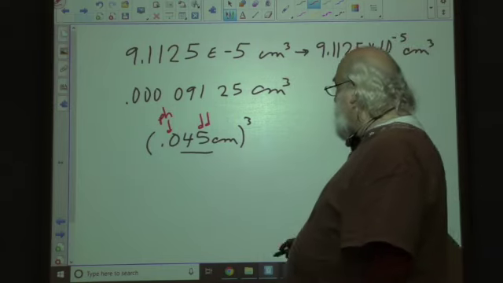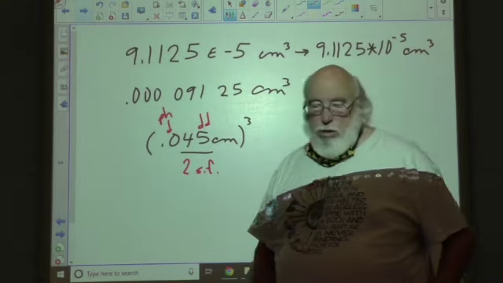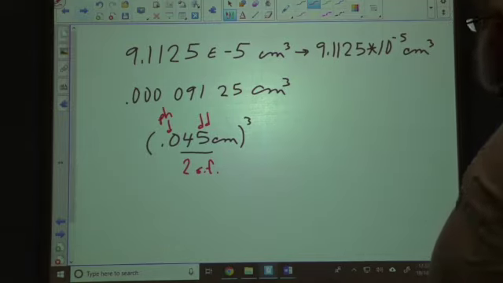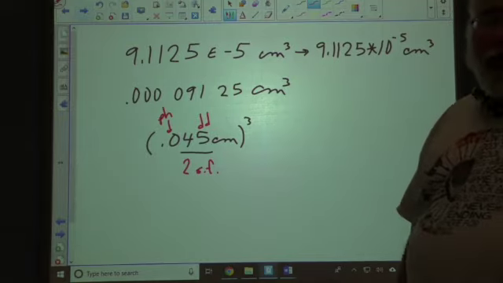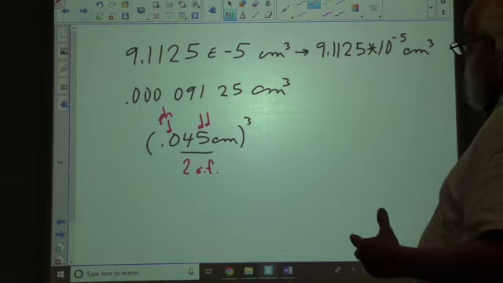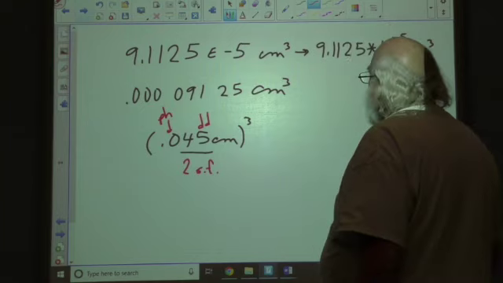And so that means that this is going to have 2 significant figures. And how many significant figures should the answer have because of this? Well, the answer is 2. Okay? Because that's the least number of significant figures we have in a measured number, 2.